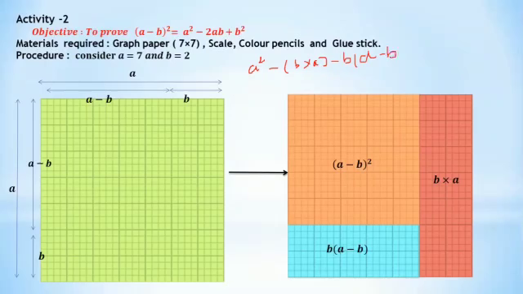So you will get a square minus 2ab plus b square. So a square minus 2ab plus b square is equal to (a minus b) whole square.